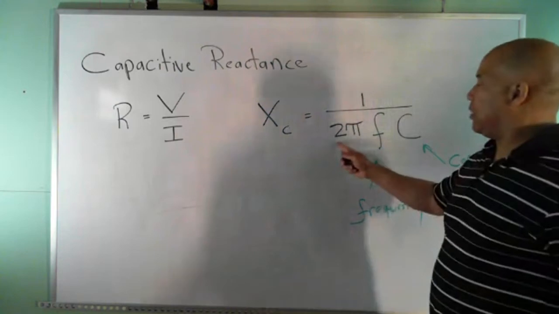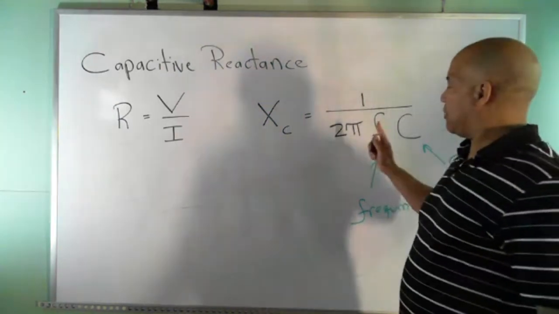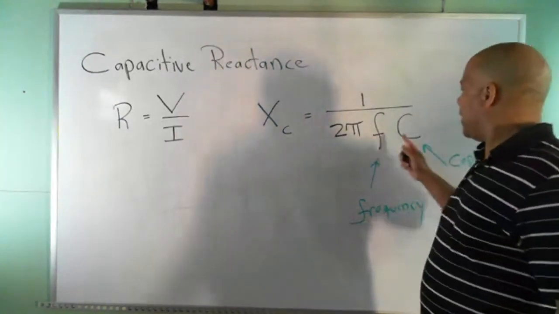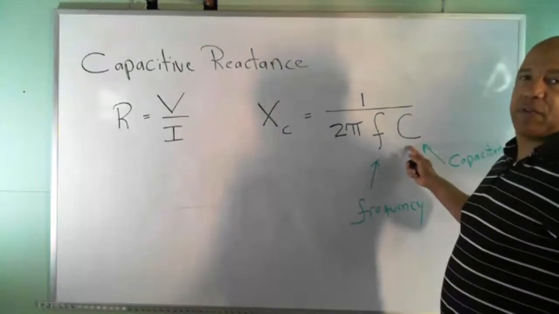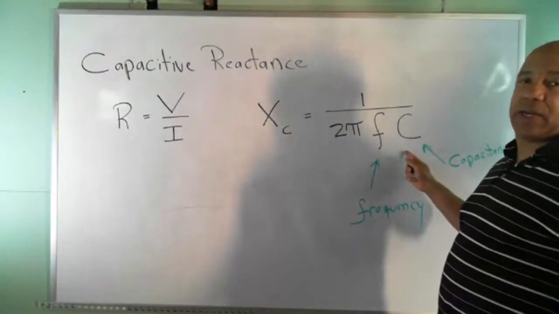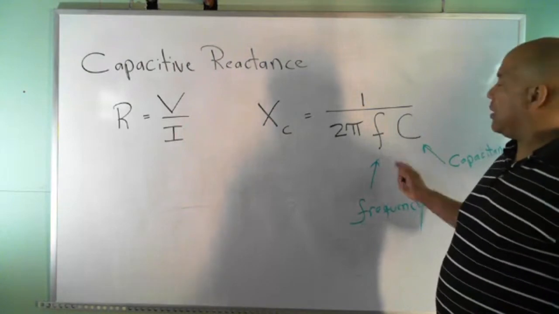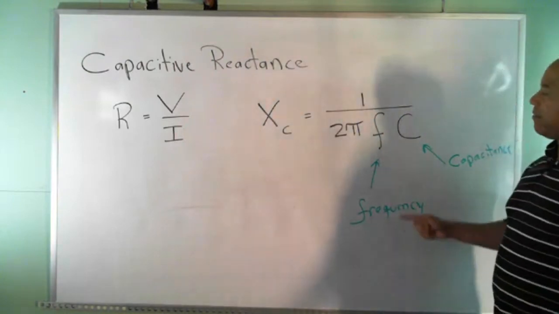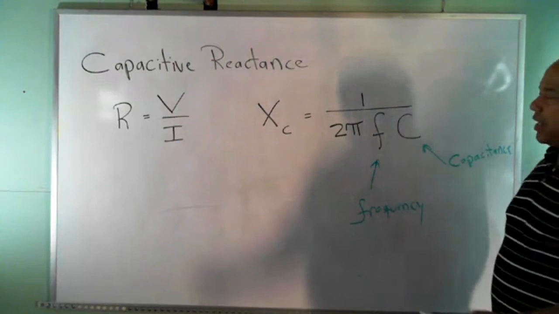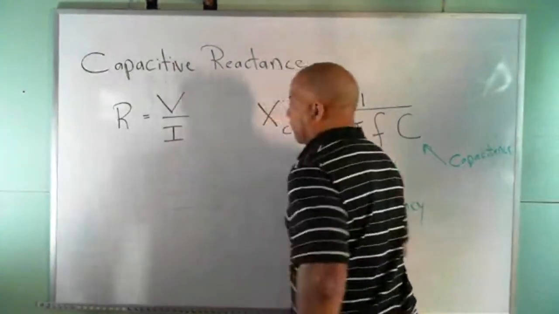Now, the 2, of course, is a constant. Pi is a constant. And usually when you have a circuit and you put a capacitor in it, once you put the capacitor in the circuit, it's a constant. So the only variable we have is frequency. It's possible to have an AC circuit.